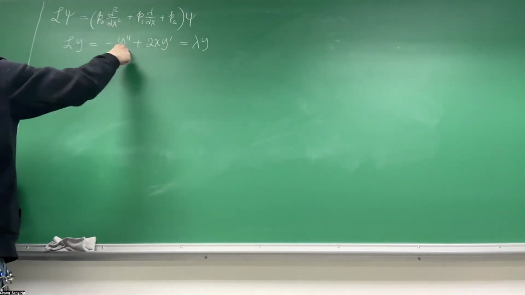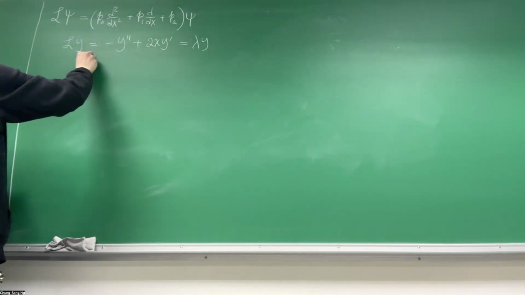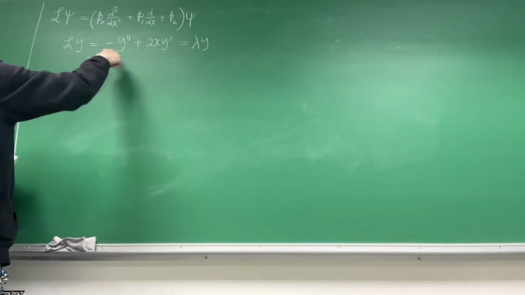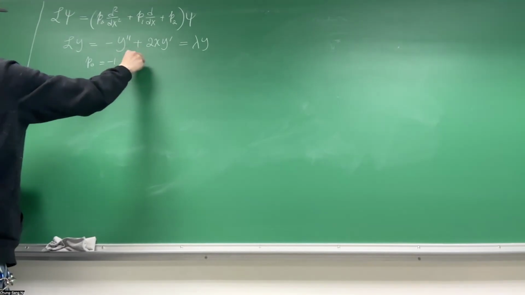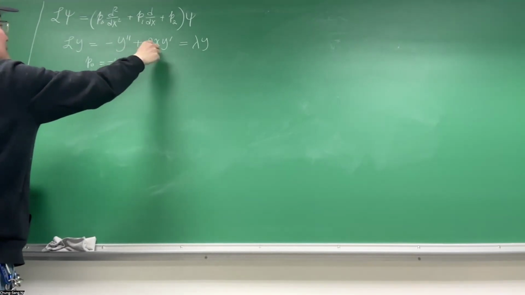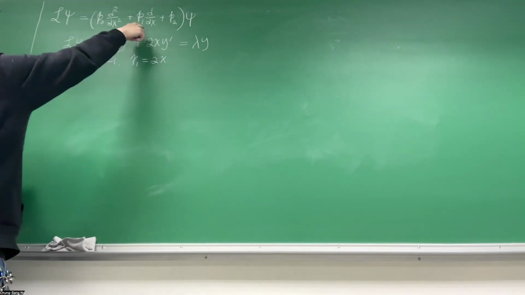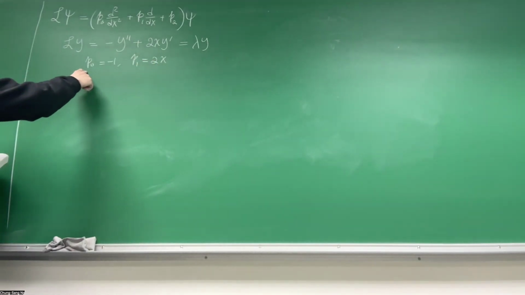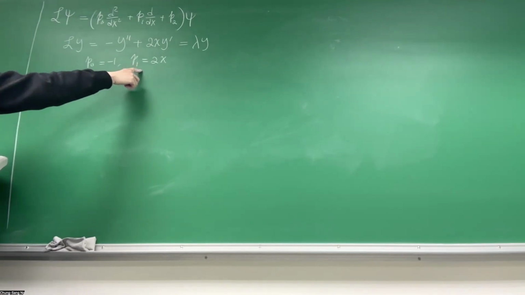Compare with the general form: P sub 0 is -1, and P sub 1 is 2x. We can check that P sub 0 prime is 0, obviously not equal to P sub 1.